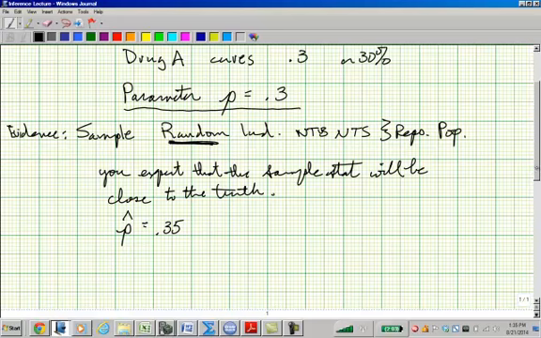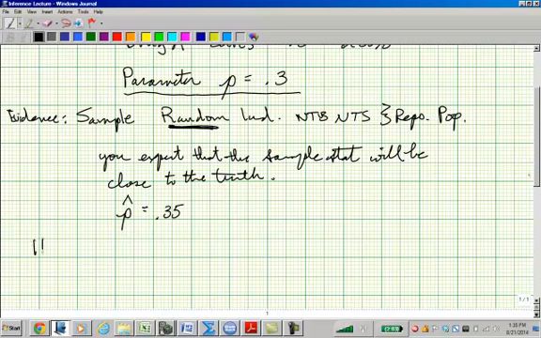Okay, so now you have your parameter and you have your sample. Now you're going to make a hypothesis called H sub 0. This is the null hypothesis. The words null hypothesis are symbolized by H sub 0. Let's write these over here. So you would write H sub 0 colon, if you're following the protocol, p equals 0.3.